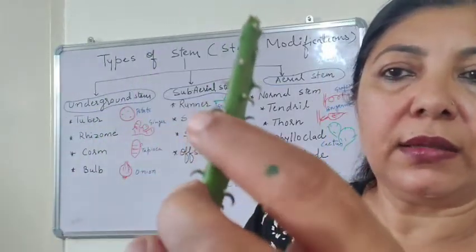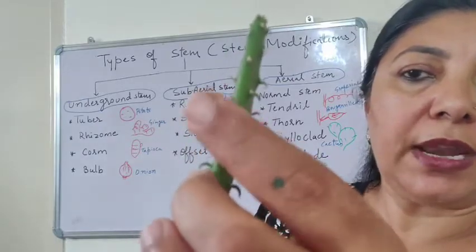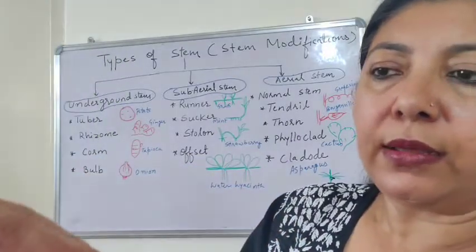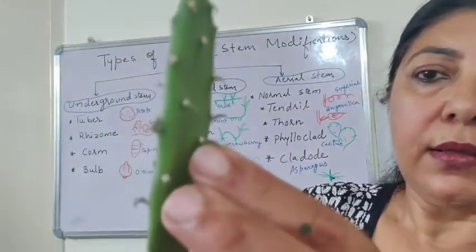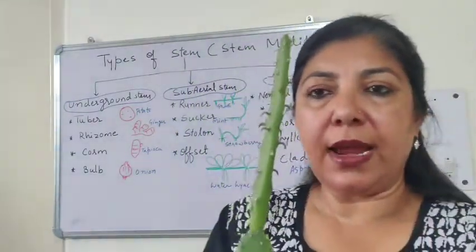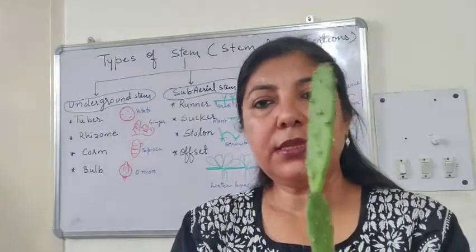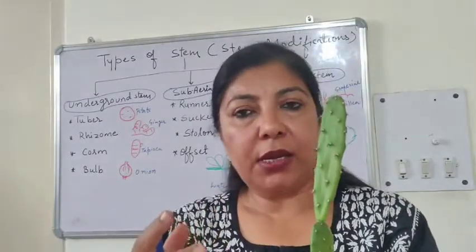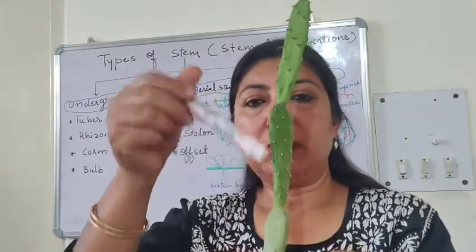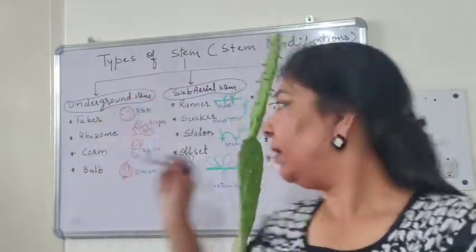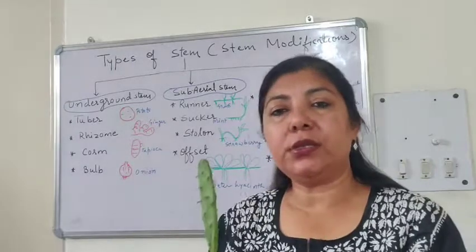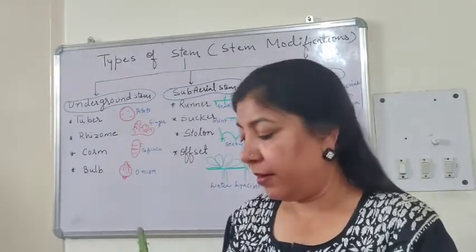When the conditions become very hot, these foliage-like structures will turn into the spines completely. So this is phylloclade. Phylloclade means when the stem becomes fleshy and green and has got nodes and internodes, as in the case of cactus. That stem modification is called phylloclade.